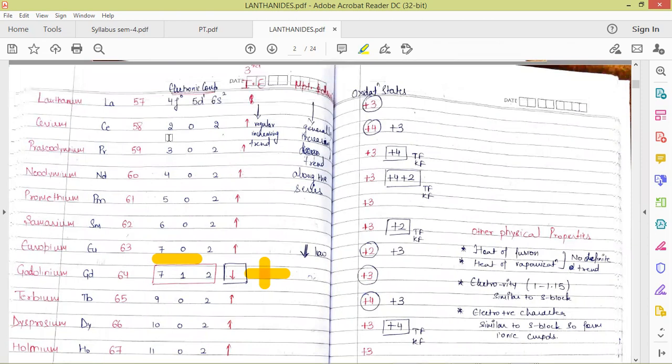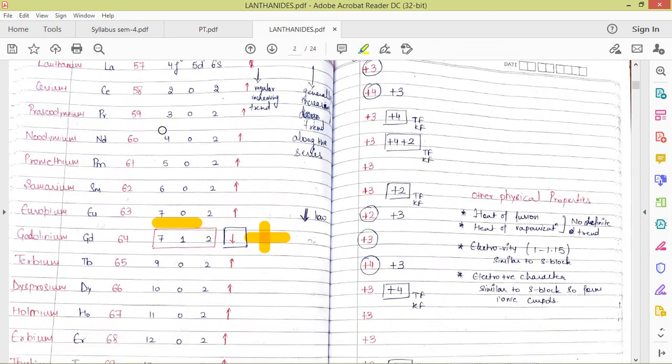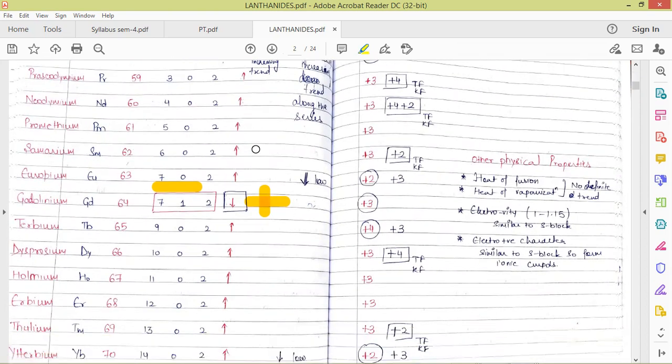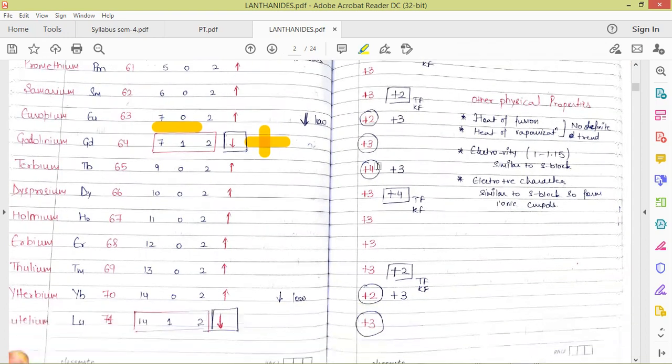Like in the case of cerium, if we take out all the valence electrons, +4 is there, and here also +4 and +2 are visible. There are no special reasons for the +4 and +2 oxidation states, because these are due to thermodynamic and kinetic factors.